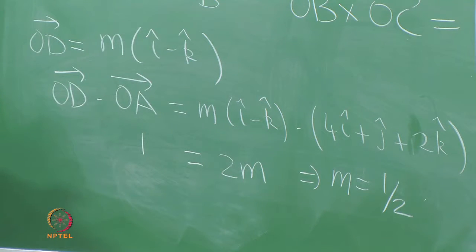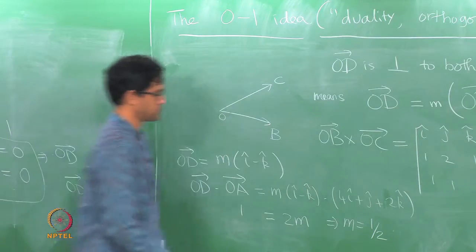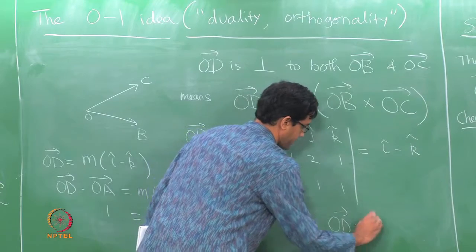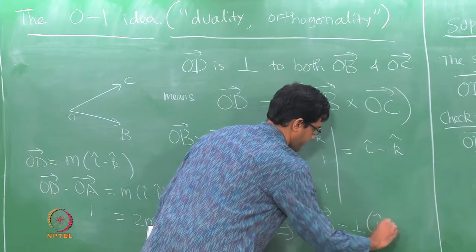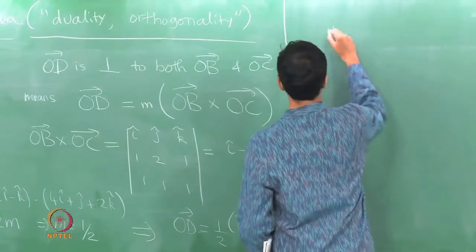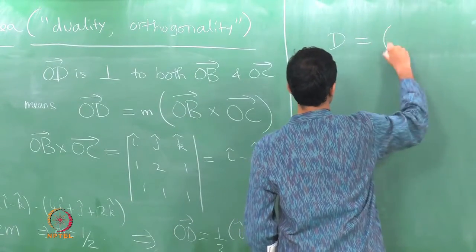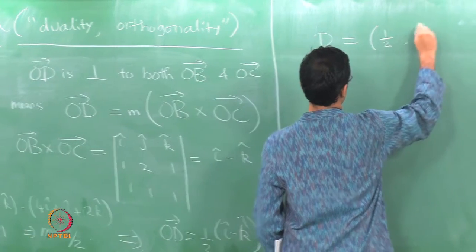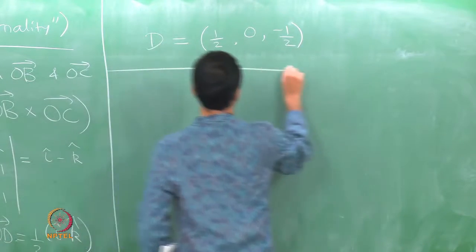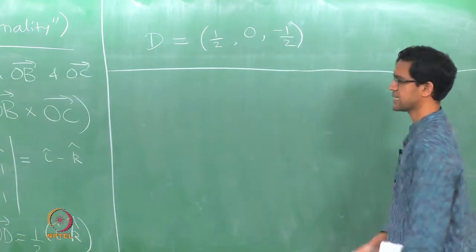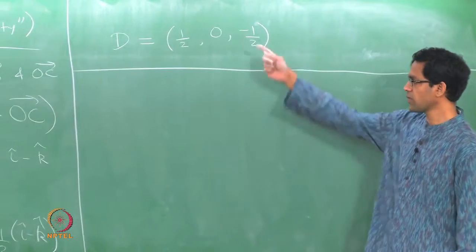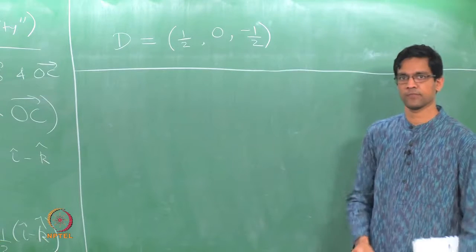Okay. So that tells you what the solution is. So the point D is, that is the solution finally. The position vector is half of i minus k, means that the point is just half, 0, minus half, right.